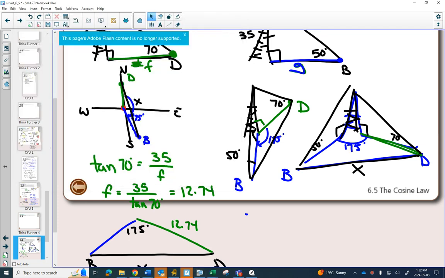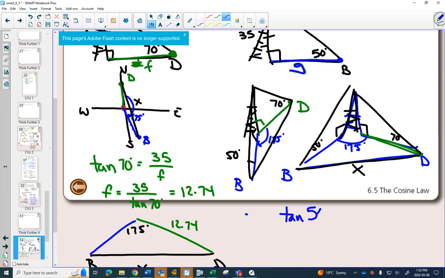Hey, notice how I solved for the f, which was the green line? I color-coded it in green on purpose, because as soon as I found it there, I now know that on this triangle as well. And I'm that much closer to finding 3 pieces of information on this bottom triangle. The blue line, that's G. I can solve that as well.